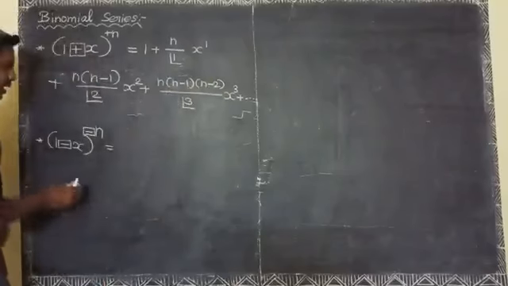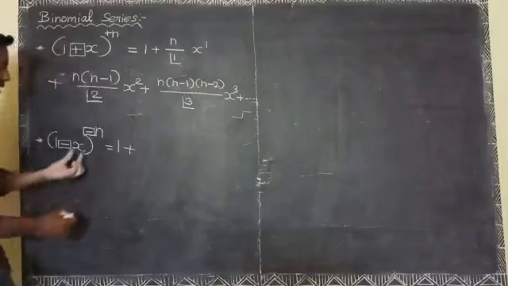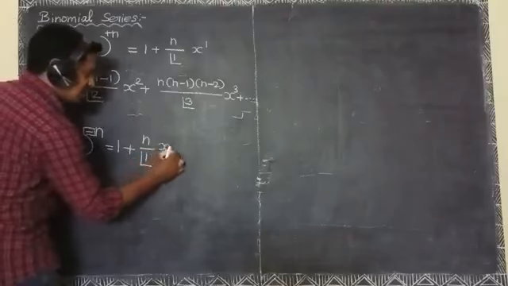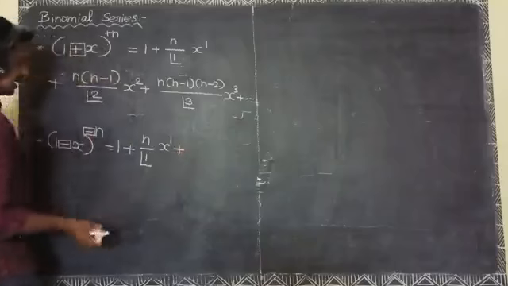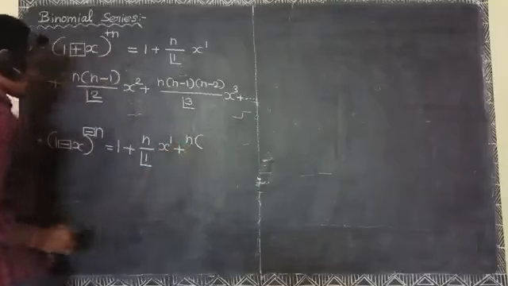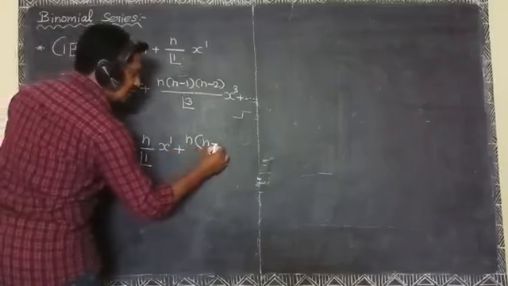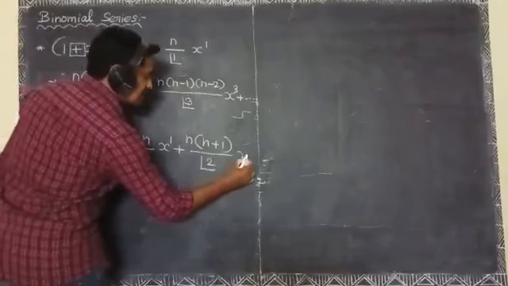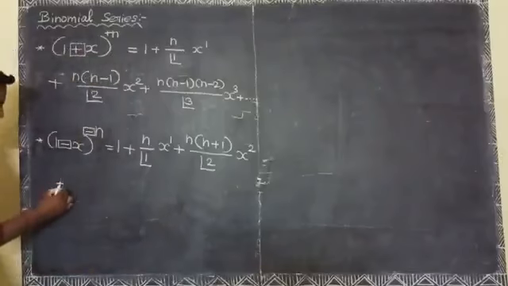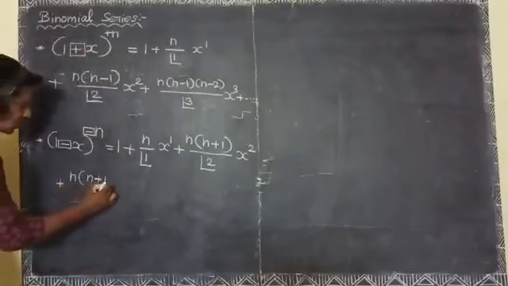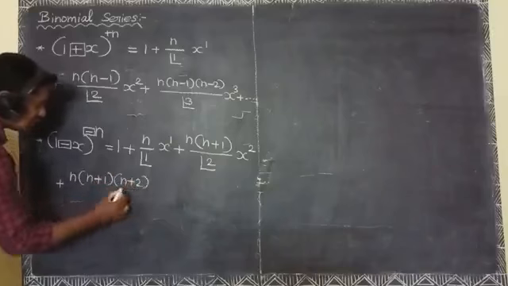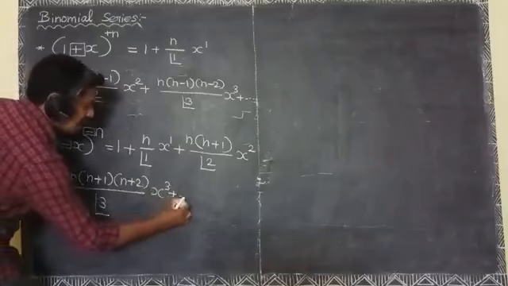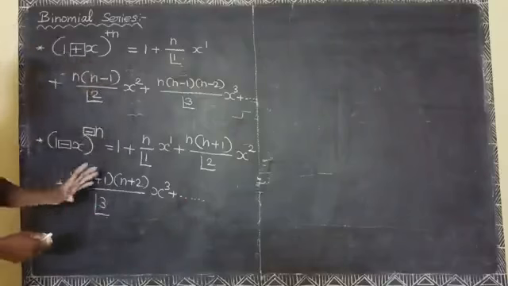Here 1 plus n divided by 1 factorial into x power 1, plus n into n plus 1 divided by 2 factorial into x square, plus n into n plus 1 into n plus 2 divided by 3 factorial into x power 3, plus and so on.